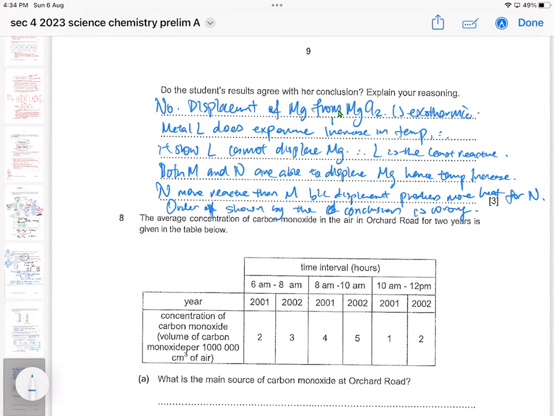Okay, understand the concept: the temperature that spikes higher, more reactive.